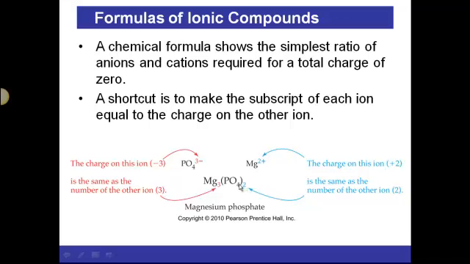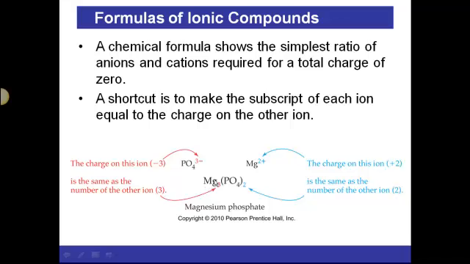If we have 2, what's the negative charge going to be on this overall molecule? 2 times -3 is going to be -6. So there's a net negative charge of -6 because of the 2 phosphate groups. So we know that the charge on the phosphate is -3, and so we're going to need 3 of the magnesiums to go with it.